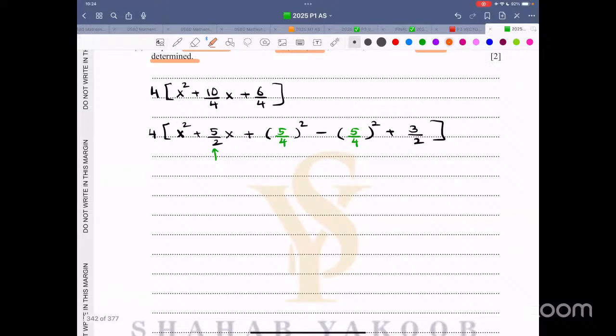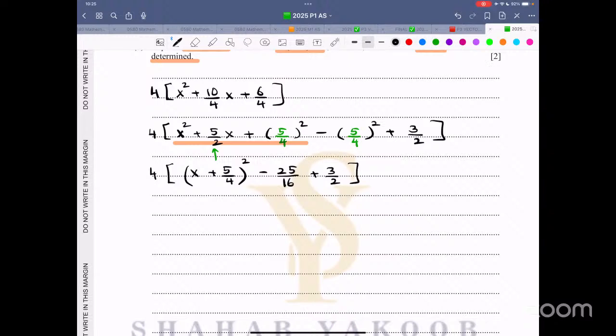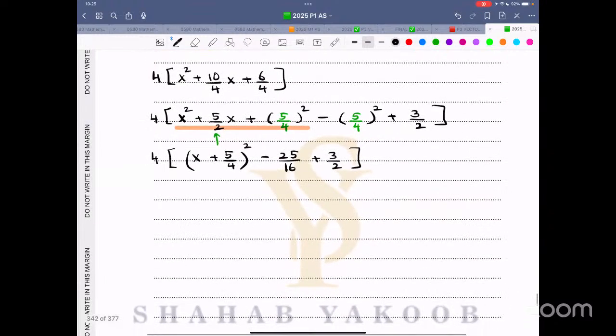Rewrite the first 3 terms as a perfect square. These are the first 3 terms. So therefore, this is 4 times x plus 5 over 4 whole square. And what else is there? Minus 25 over 16. And this is 3 over 2. Now open it up with a 4 on the outside.